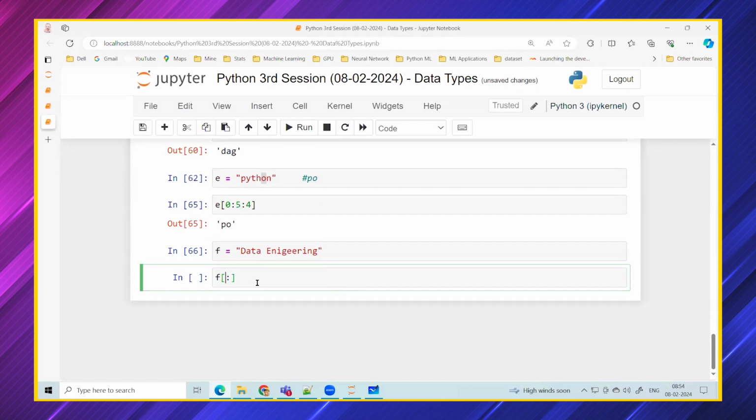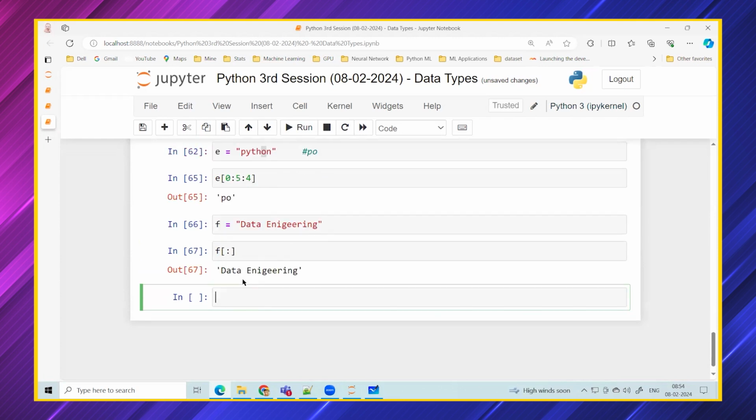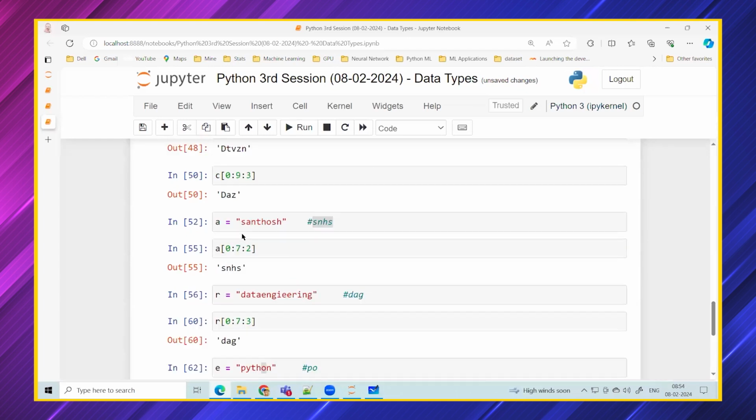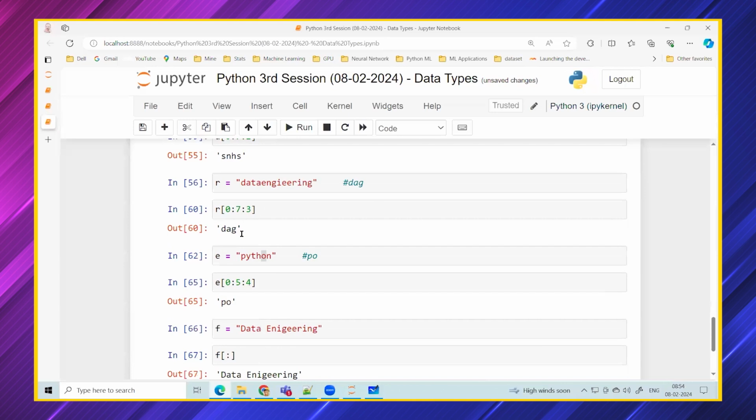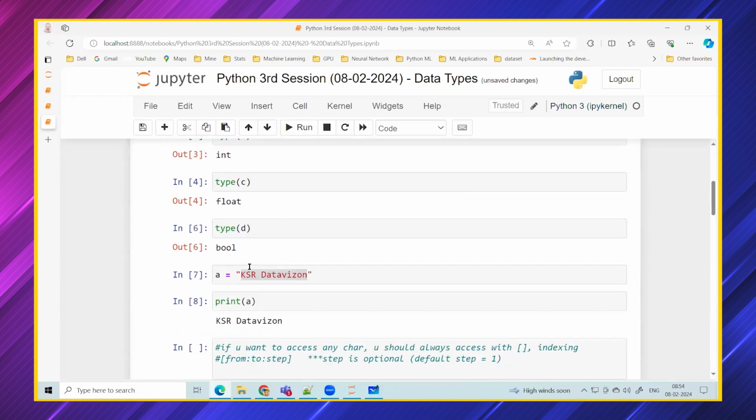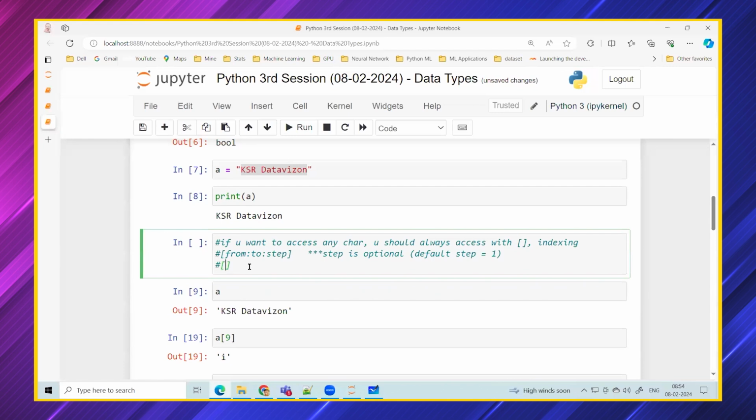By chance, I don't know what to give for start and I don't know what to give for end. I need the characters, but I don't know the start and end. In case I do this, I will get the complete word. So I can write my third point here: if I'm writing just a colon and not entering anything here, that means it will give you the entire string because I don't know what to give.